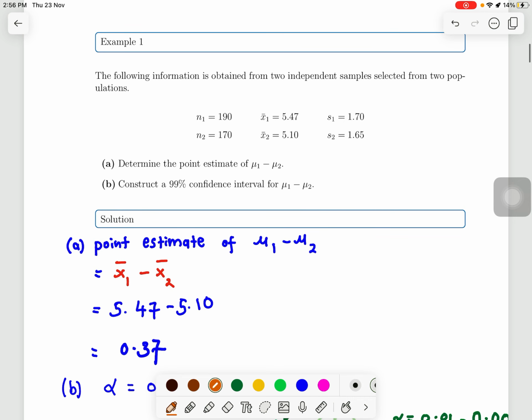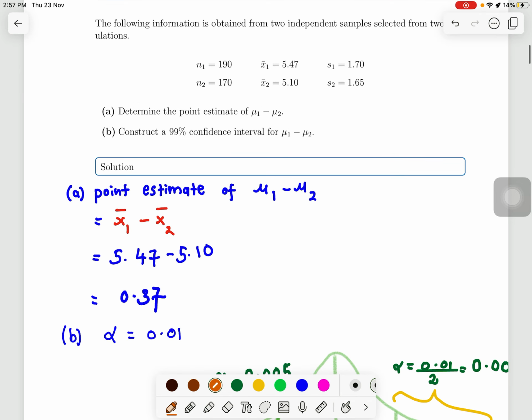We just take both averages for both samples, and then you just calculate the difference between those two values. So x bar 1 minus x bar 2, use calculator, 5.47 minus 5.10. So that's your point estimate.